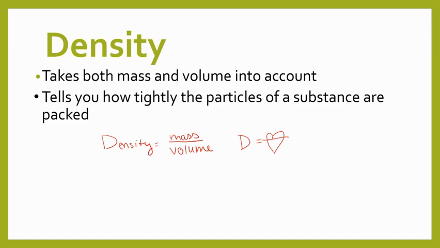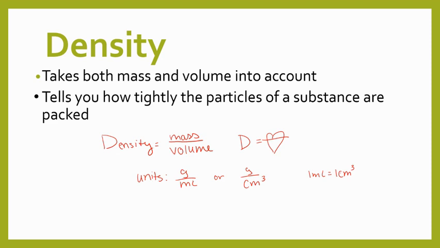Since we have mass divided by volume, when we calculate density, we are going to get units of either grams per milliliter or grams per centimeter cubed. Remember that fun little fact that 1 milliliter and 1 centimeter cubed are both units of volume, and it just turns out that they're the same amount.